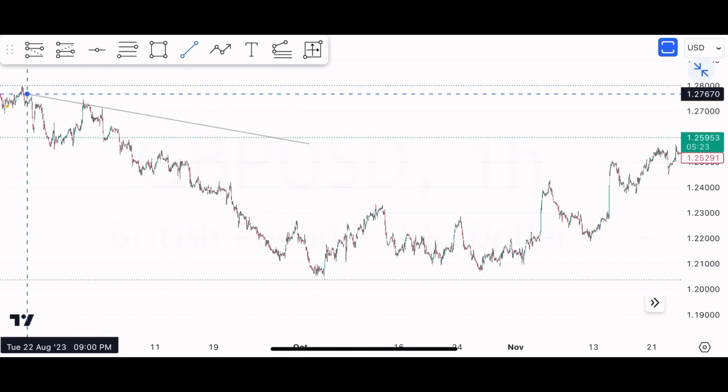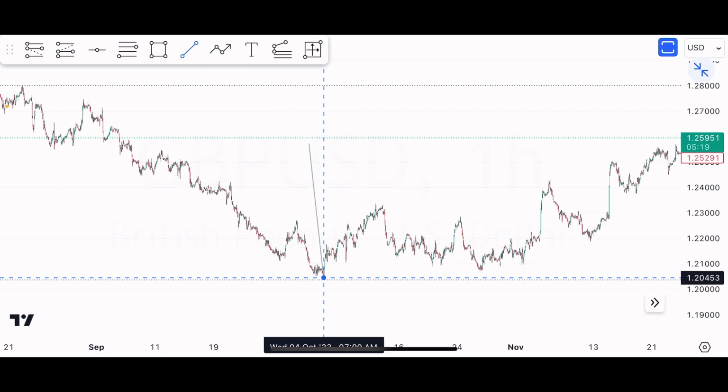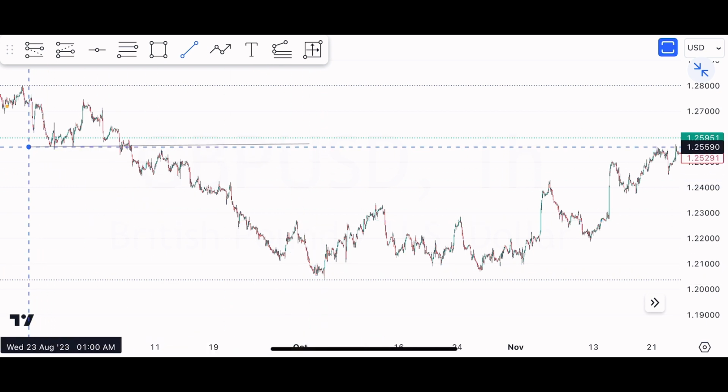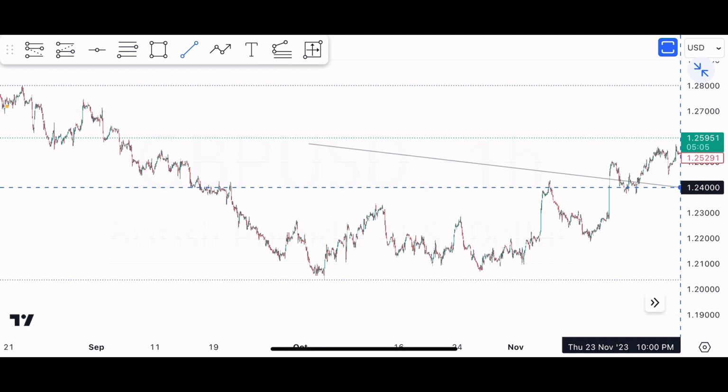So you can say this is the high and this is the low point for GU between, let's say, Tuesday 22nd of August to Thursday 23rd November 2023.